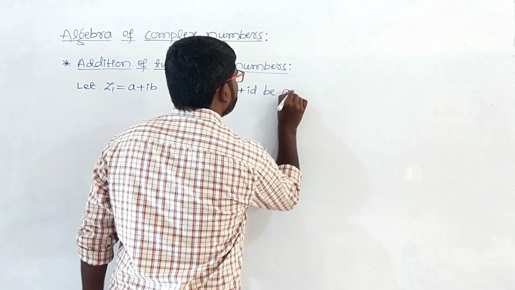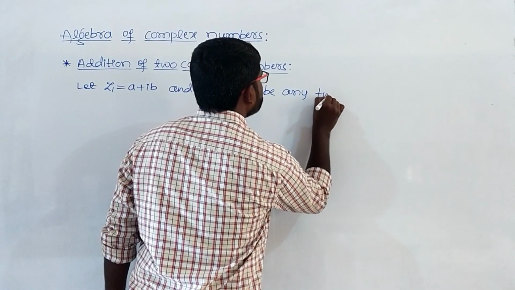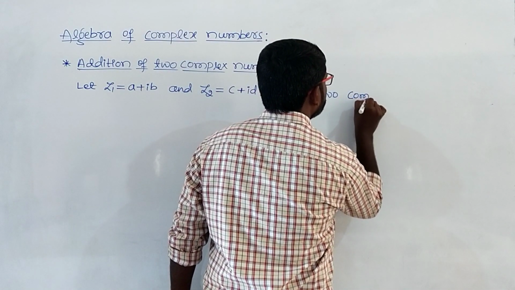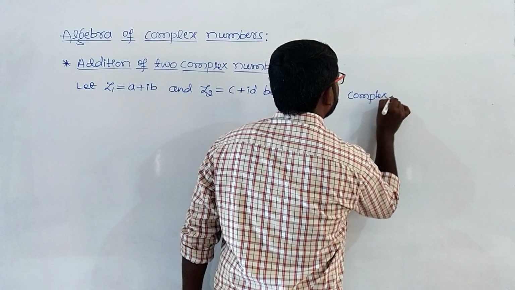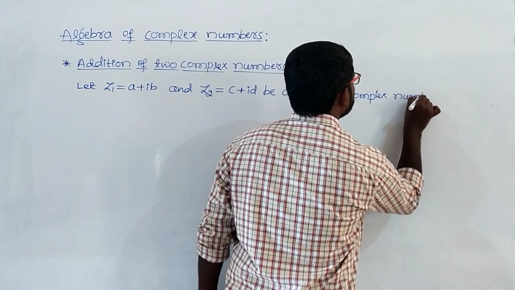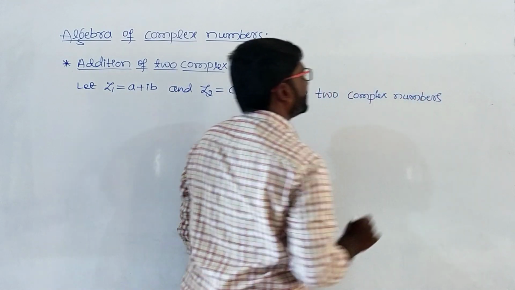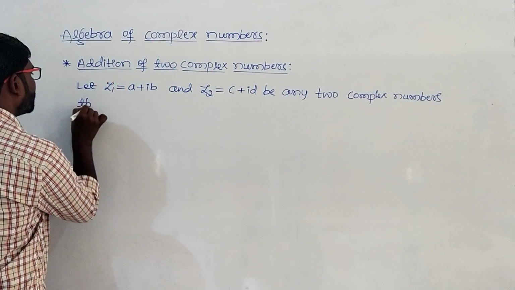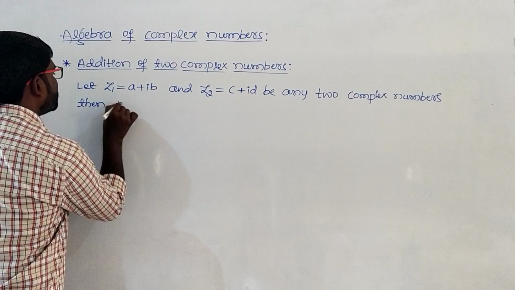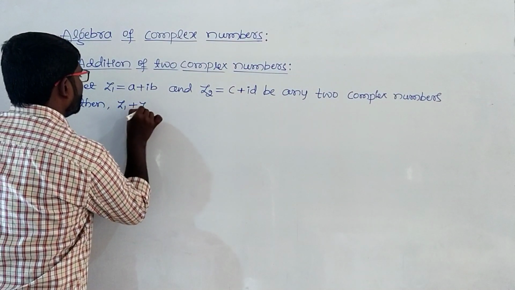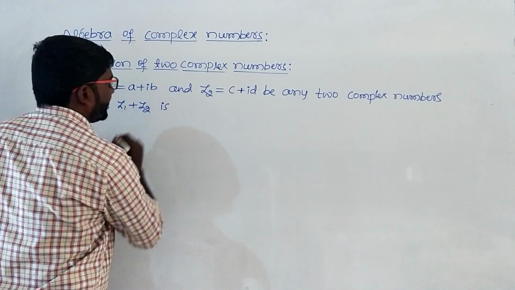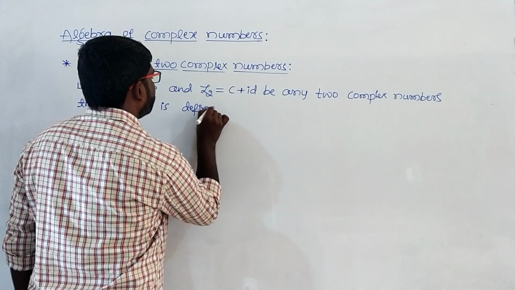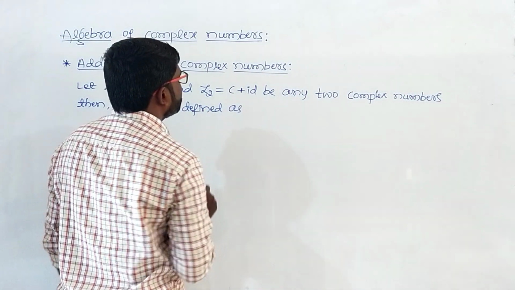Let them be any two complex numbers, then Z1 plus Z2 is defined as follows.